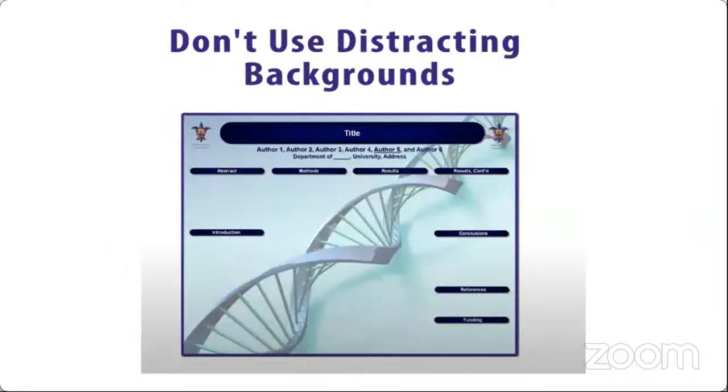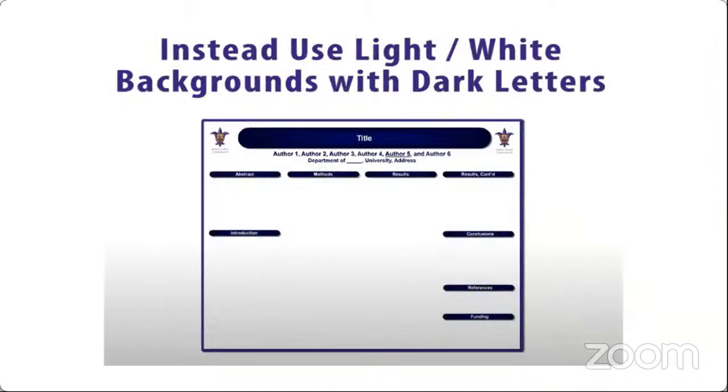Okay. And if you have to use background, don't use distracting background. So use a background that is not distracting. The background should, as the name suggests, not actually compete with the information that you have. So use a light or fair background with dark letters.